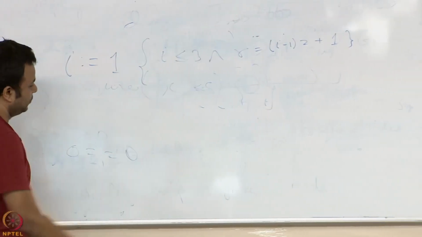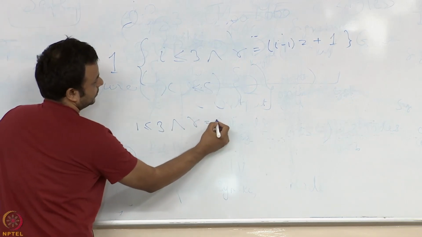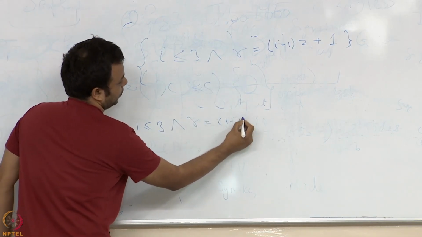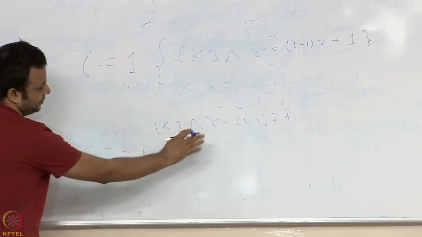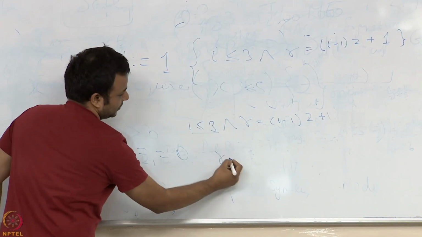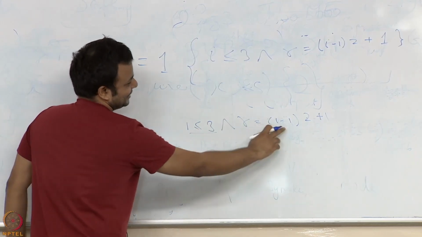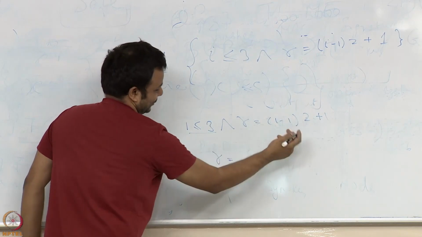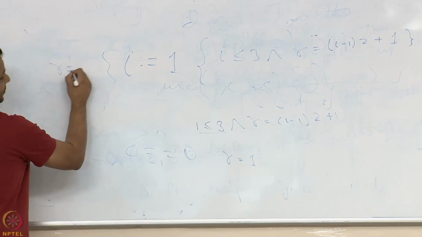So it becomes 1 less than or equal to 3, which is true, so it has a meaning but has no effect. And R equals (1 minus 1) times Z plus 1. So it becomes 0, 0 times Z is 0, so R equals 1. So it's R equals 1.